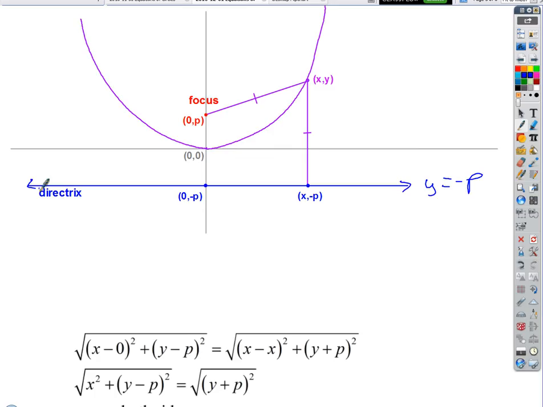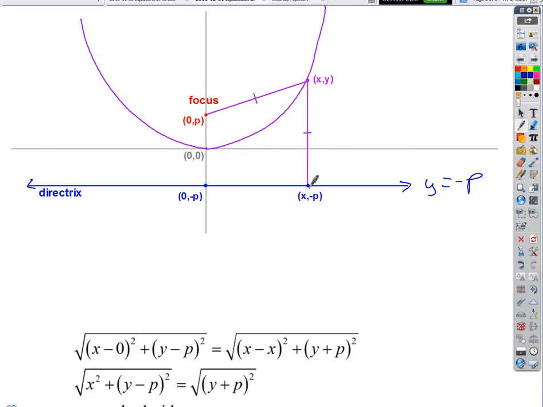We'll just say that this point up here, the point that represents maybe the bead that's sliding on the wire that forms the locus of all those points, its coordinates will just be x and y. Those need to be variable. And then whatever the coordinates are of this point, x, y, would you agree that down here then, if I were to go vertically down, the coordinates of that point on the directrix, immediately below it, are going to be x, -p?